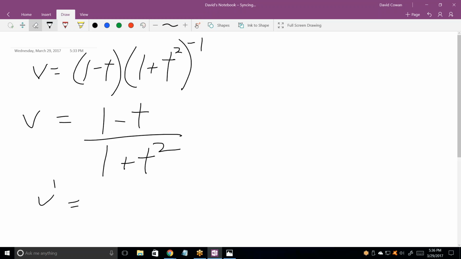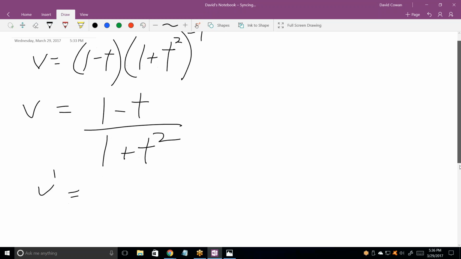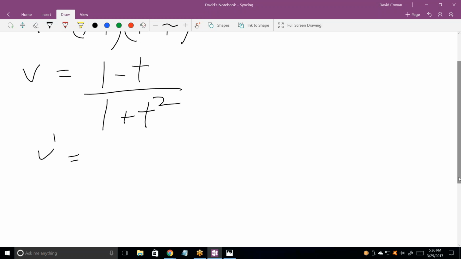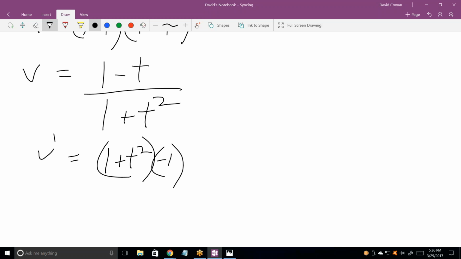So it would be 1 plus t squared. Okay, that's good. Start with the bottom times 2. Hold on. What's the derivative of the top? That would be 1, or negative 1. Minus 1. Right? Yes. Subtract.